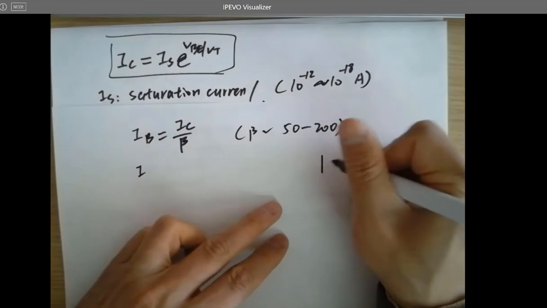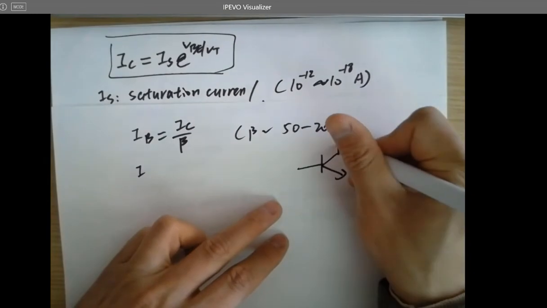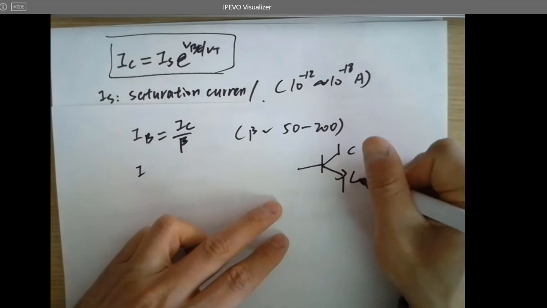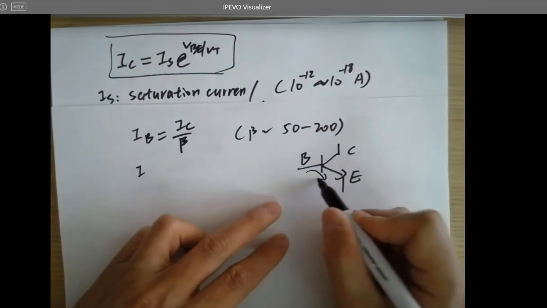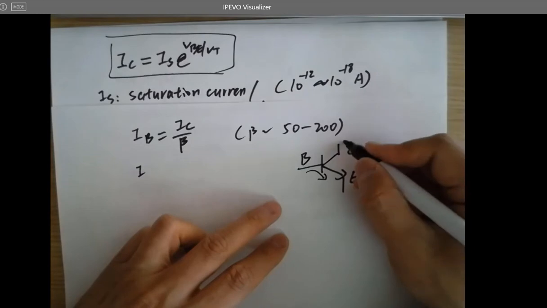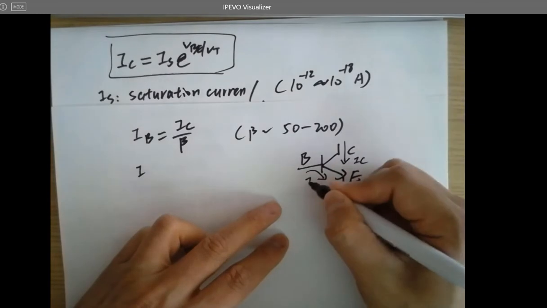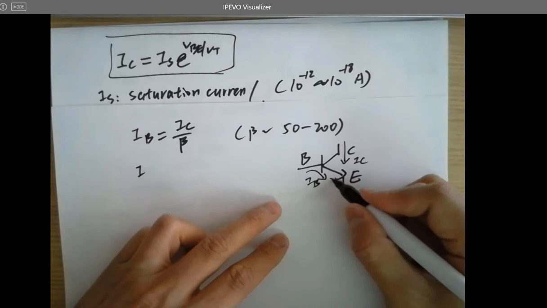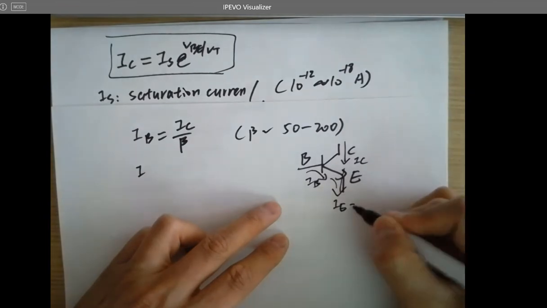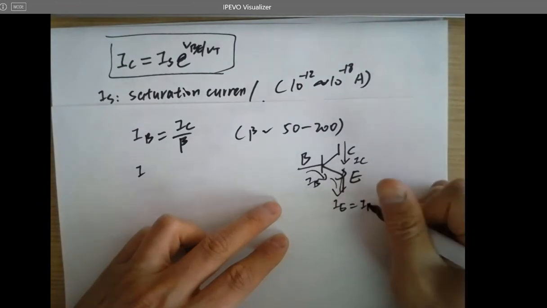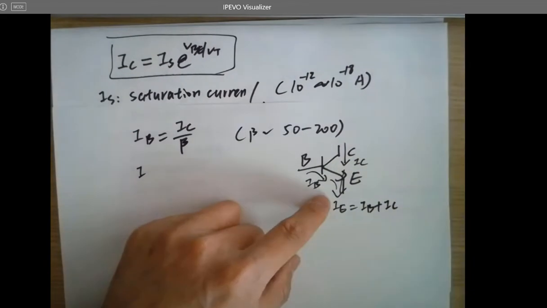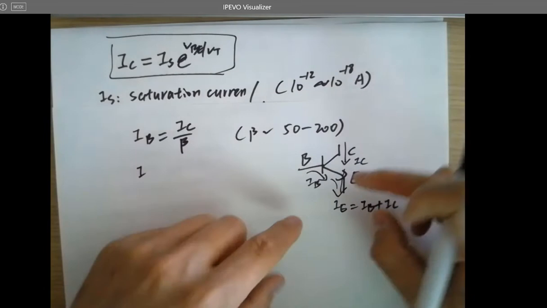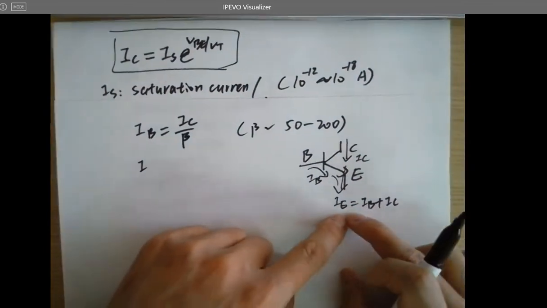And IE, so here's a junction again, just in case we're not familiar with that. C, E, B, right? So you can imagine there will be IB getting into the junction, and IC. According to KCL, you got two currents. These two currents are not flowing anywhere else. They're just merging to the emitter and get you IE here.